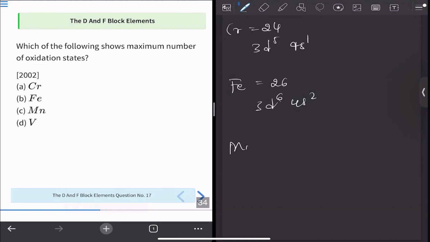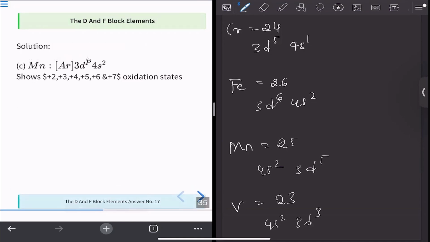And manganese, that is 25, it is a 4s2 3d5 configuration. And vanadium, that is 23, 4s2 3d3 configuration.